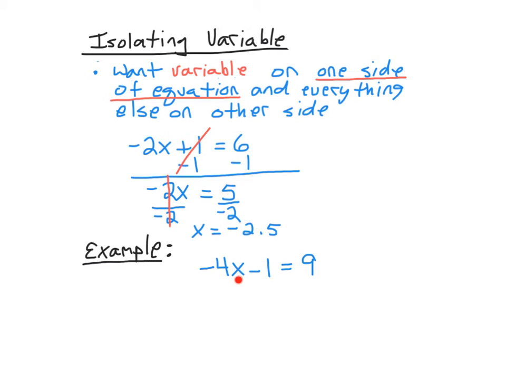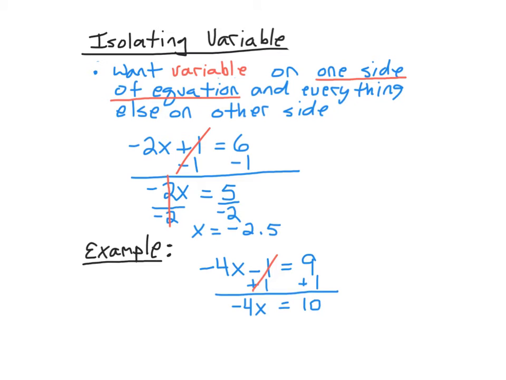That would isolate my variable x by itself. I'm going to start with the negative 1, and the opposite of minus 1 is plus 1. And again, as long as I do it on both sides, I'm good to go. It cancels on this side, becomes 0. I'm just left with my negative 4x. And then on the other side, I get 9 plus 1, which is 10.